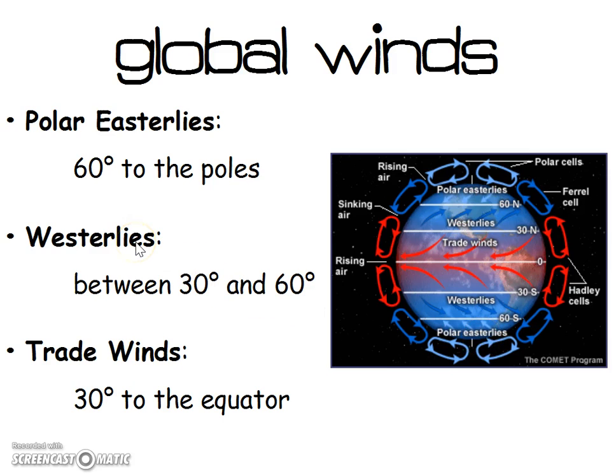Same thing with the westerlies. That's where we are. Remember that: we are between the 30-degree and the 60-degree latitude, in the northern hemisphere and the southern. And then you have the trade winds near the equator, from the equator to 30 degrees in both hemispheres.